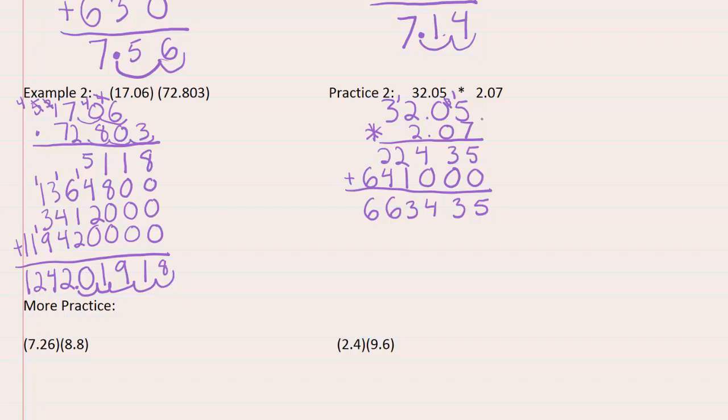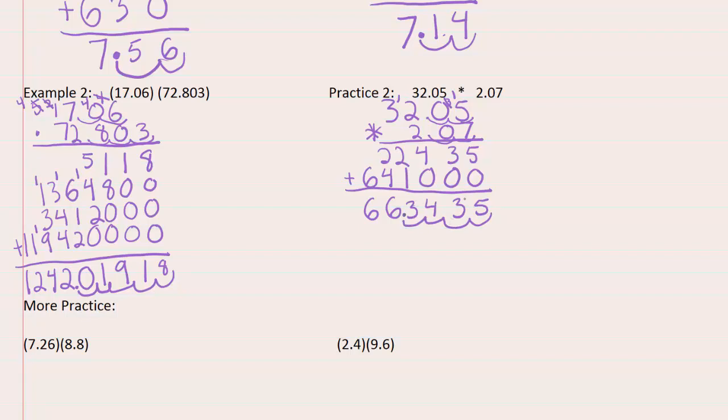Okay, so then our second step is always to count how many digits we have after the decimal point in the original problem. So in the original problem we've got 1, 2, 3, 4 digits after the decimal point. So we need 4 digits after the decimal point in our final answer. 1, 2, 3, 4, so our decimal point will go right here.